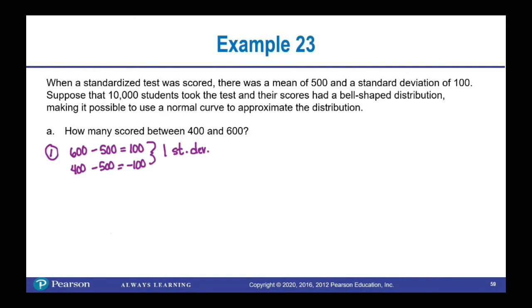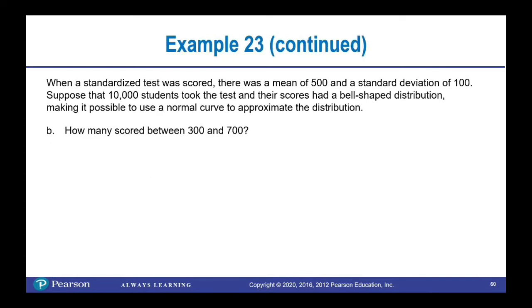The percent associated with 1 standard deviation is 68%. Change your percent to a decimal. Move your decimal place 2 places to the left, gives us 0.68. And we multiply by 10,000 because there were 10,000 students who took the test. And we get that 6,800 scored between 400 and 600.